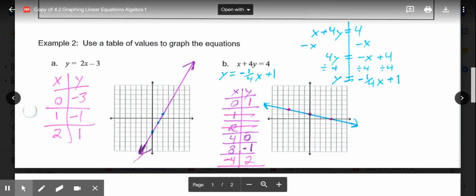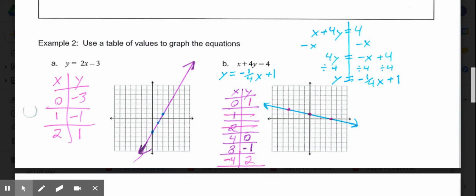Then if I put an 8 in there, 8 times a negative 1/4 is a negative 2, plus 1 would give me a negative 1. So that would be right 8, down 1, right at the end of our graph over here.